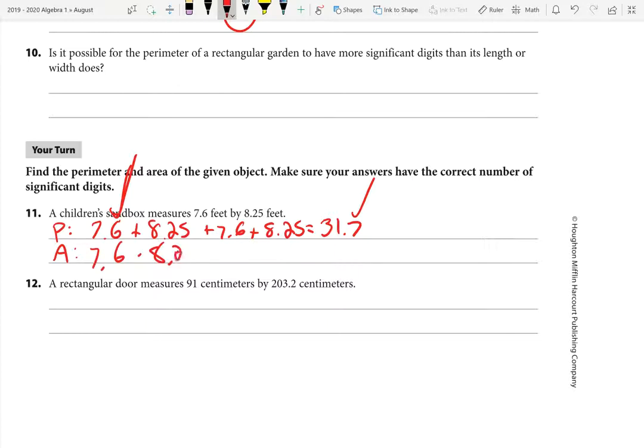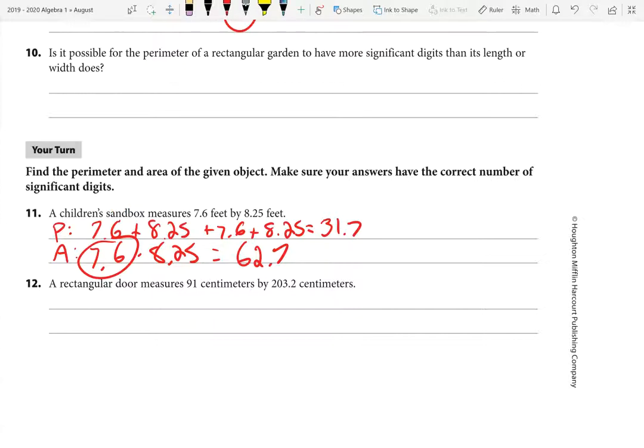7.6 times 8.25. We multiply them together, we get 62.7. So now I'm going to get these rules right. For multiplication or division, you look at how many significant digits there are, and your answer should have that many significant digits. Not with perimeter. With perimeter, when you add or subtract, you look at your least precise measurement and then round to that same decimal place.